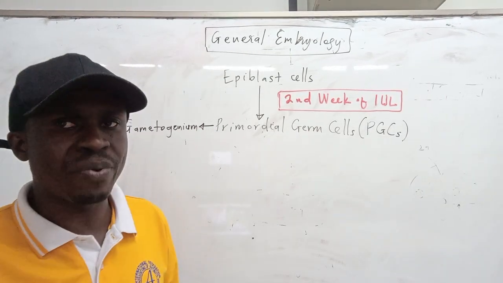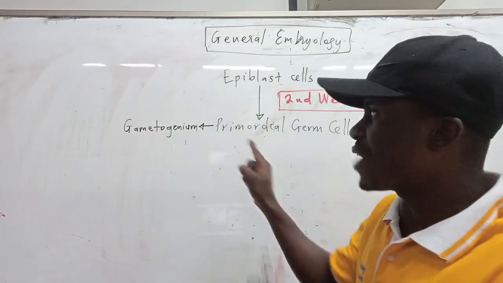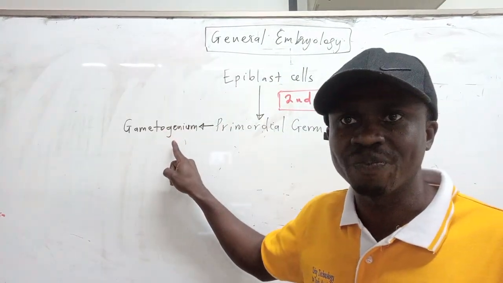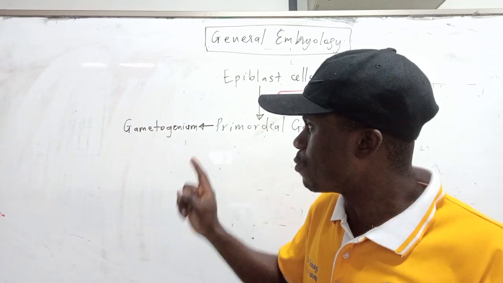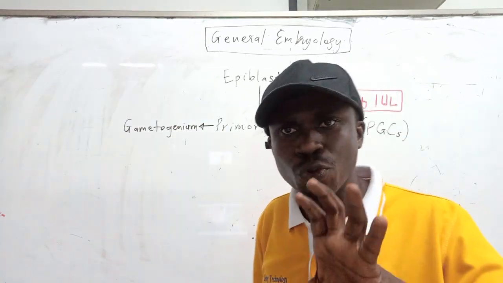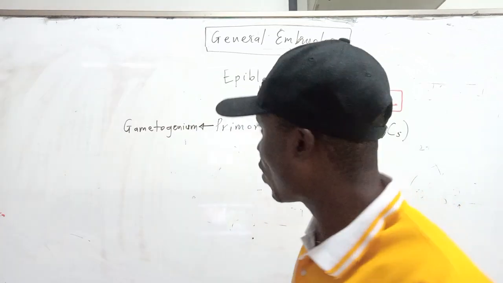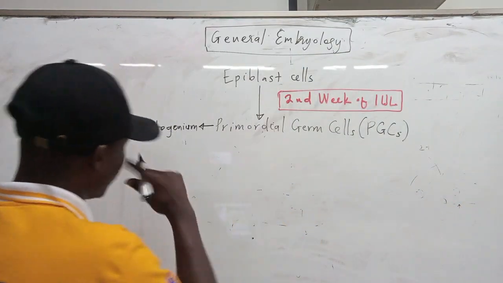So the primordial germ cells will give rise to the gametogonium. Whenever I talk about gametes, we are talking about the sex cells.